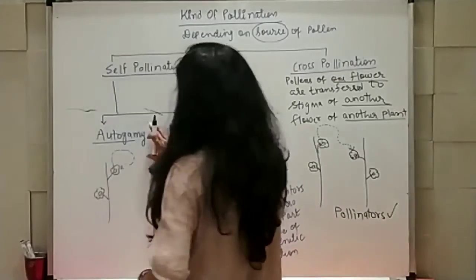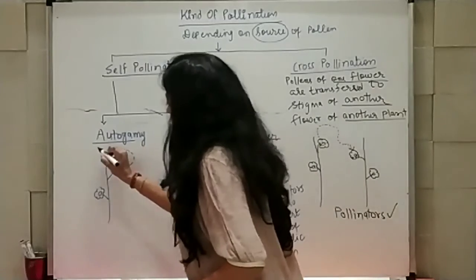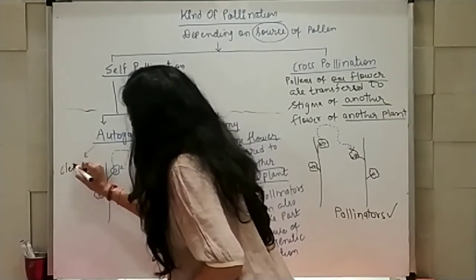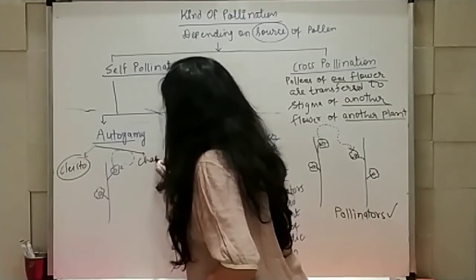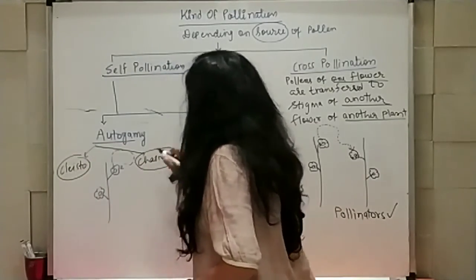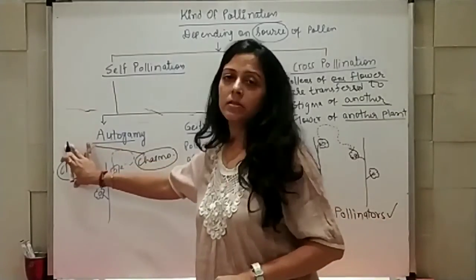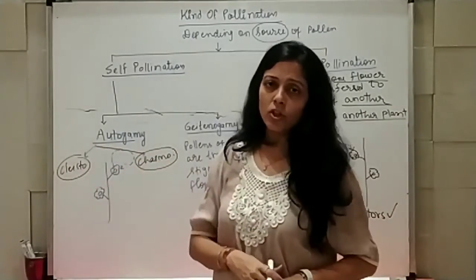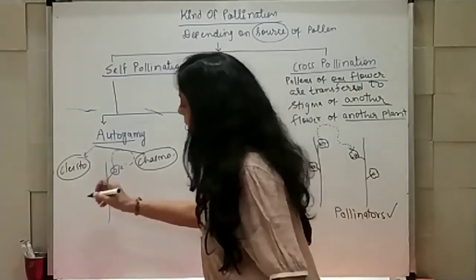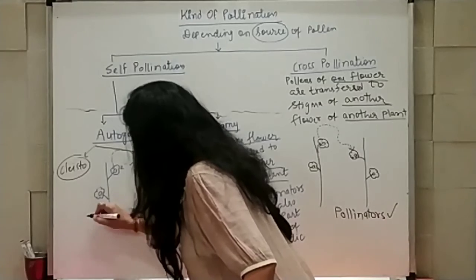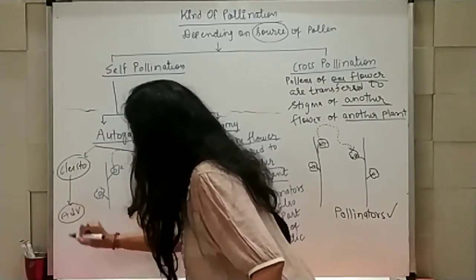Now in case of autogamy, we studied two types of flower, that is cleistogamous and chasmogamous. Now if I ask you the question, is cleistogamous advantageous or not? Then the answer is, it has certain advantages. I am writing here advantages of cleistogamous flowers.